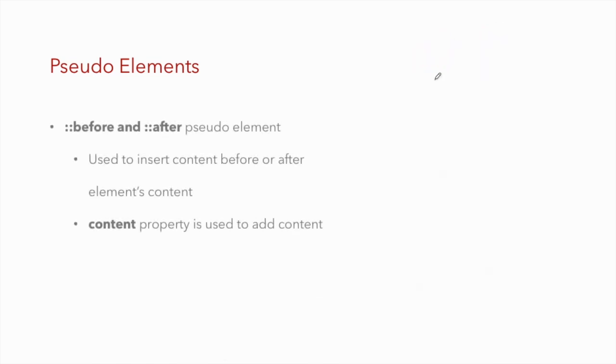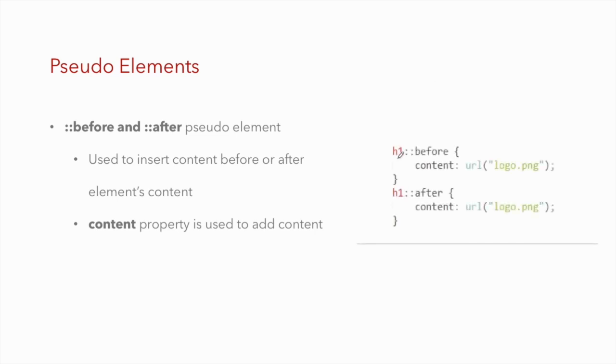Then we have before and after. These are quite often used, and they are very useful in case you want to insert certain content or apply certain style before and after the element's content. And the content property is usually used along with the before and after pseudo elements. So this is one example. I have added before and after pseudo elements to the h1 tag.